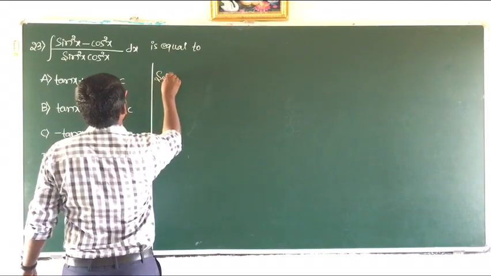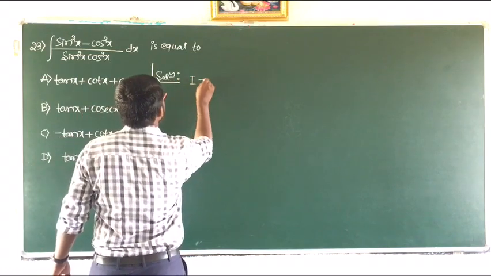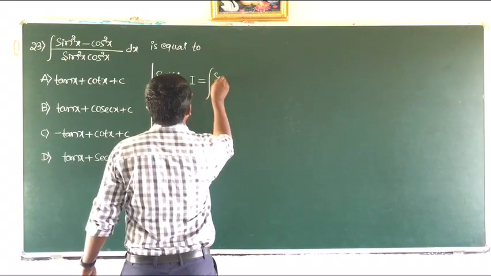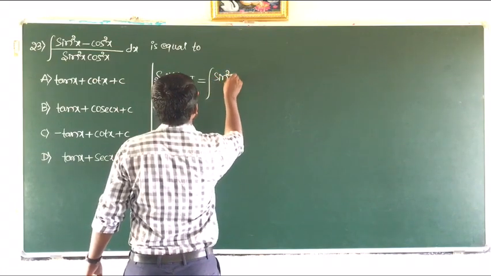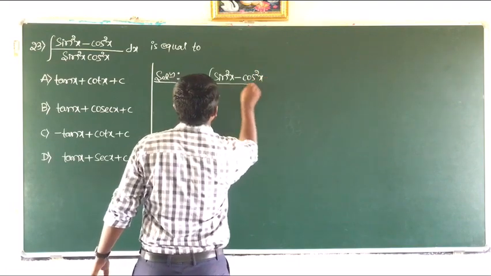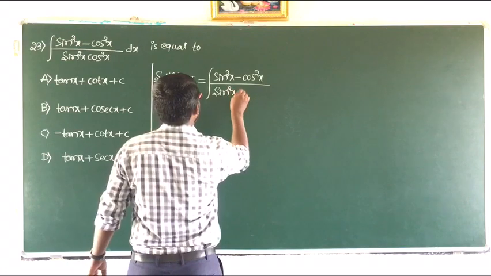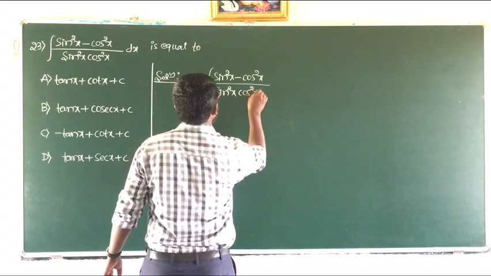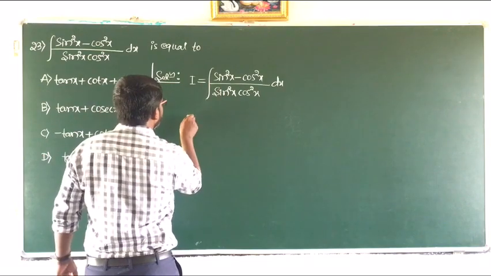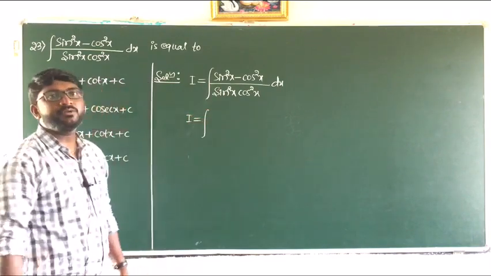So I take the given integral as I which is equals to integral sin square x minus cos square x divided by sin square x into cos square x dx. So now go for splitting the terms here. So we have to split the numerator into two terms.